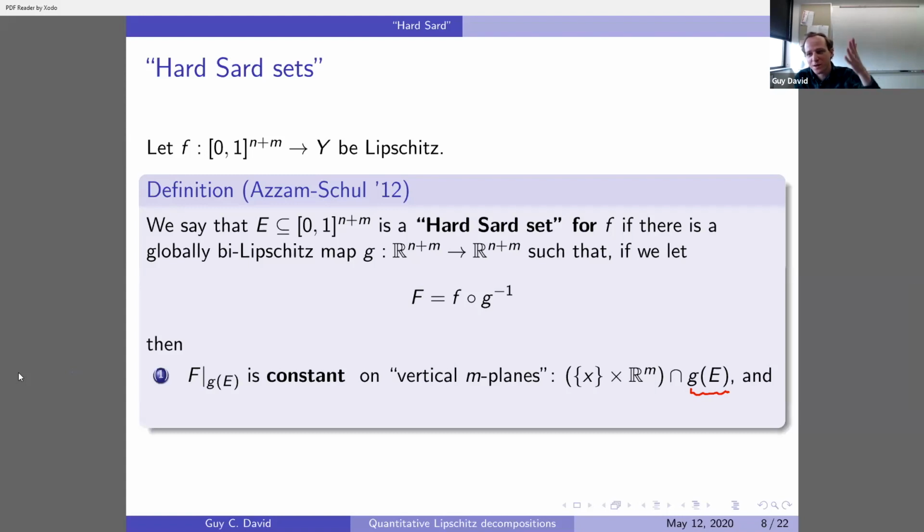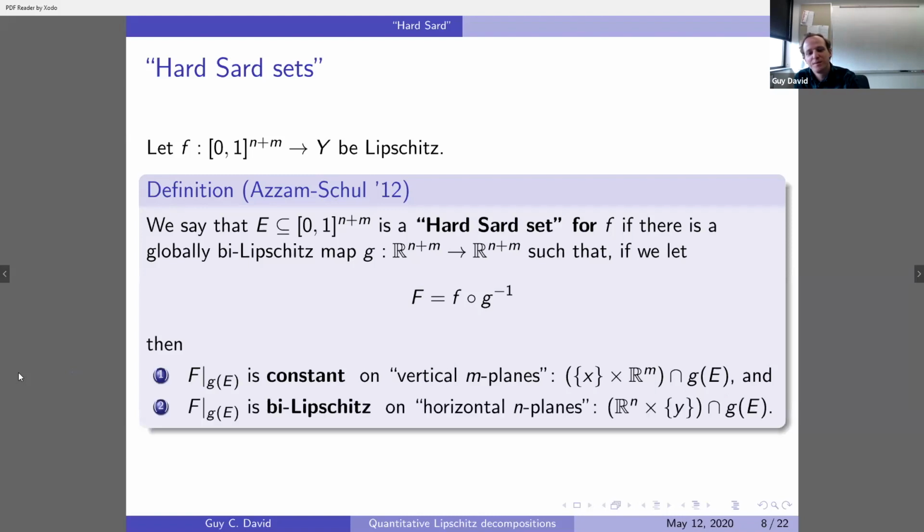So vertical planes are m-dimensional in this world, okay? And bi-Lipschitz on horizontal planes, so horizontal n-planes, okay? So if you move up and down, the mapping stays constant. If you move in the n-dimensional transverse directions, your mapping is bi-Lipschitz. That's, to me, a good expression of you look like an orthogonal projection in these coordinates.